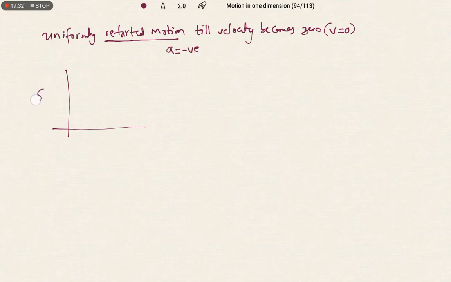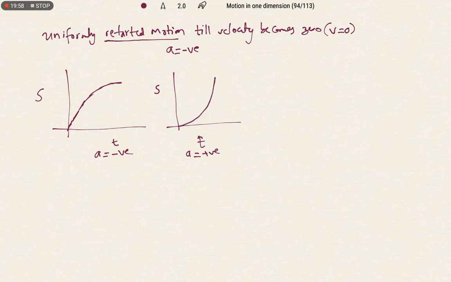So in the position-time graph we get a curve bending downwards. If a is positive, we get the position-time graph as a parabola bending upwards. Here we get the same parabola but bending downwards.